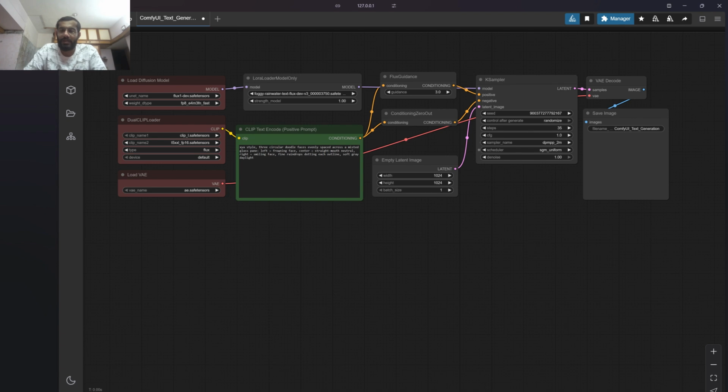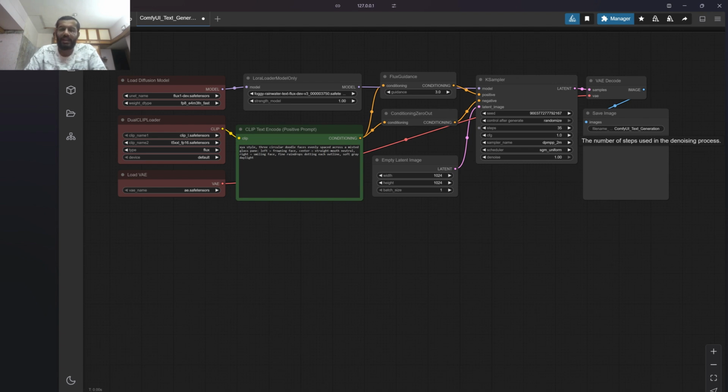For KSamplers, I'm just not experimenting much. I'm just keeping them at DPM++ 2M and SGM uniform. And steps, I try to take from 20 to 40.